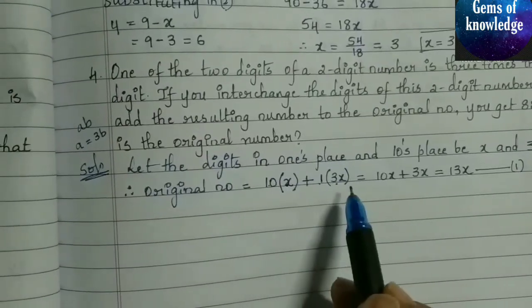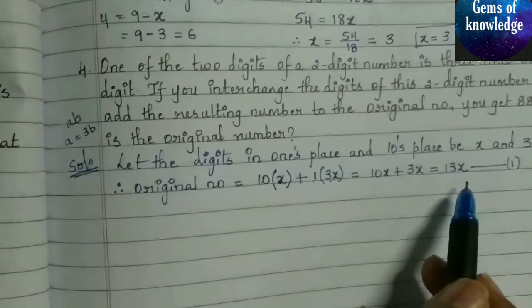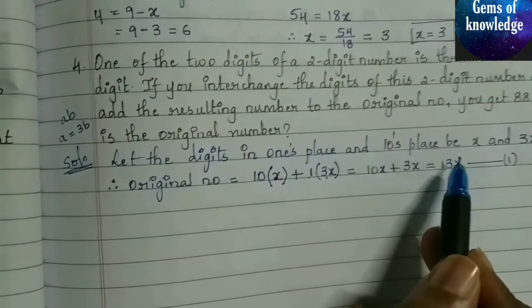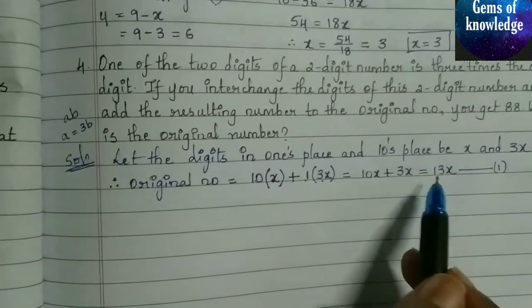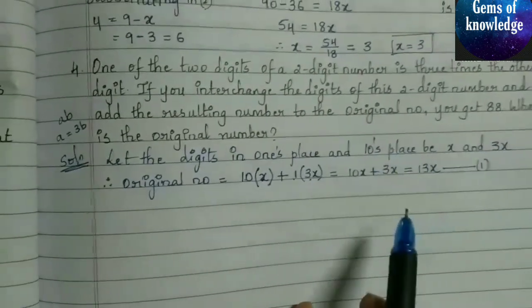When we open the brackets and add up, we get the number as 13x. So our original number is nothing but 13x. I will tell you why we have taken the original number here. It is already mentioned in the question.